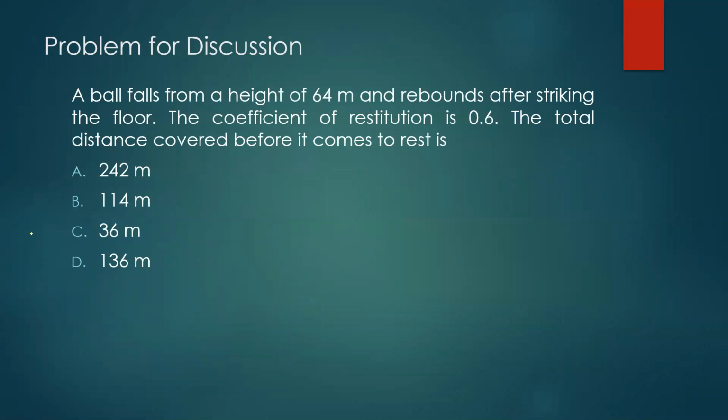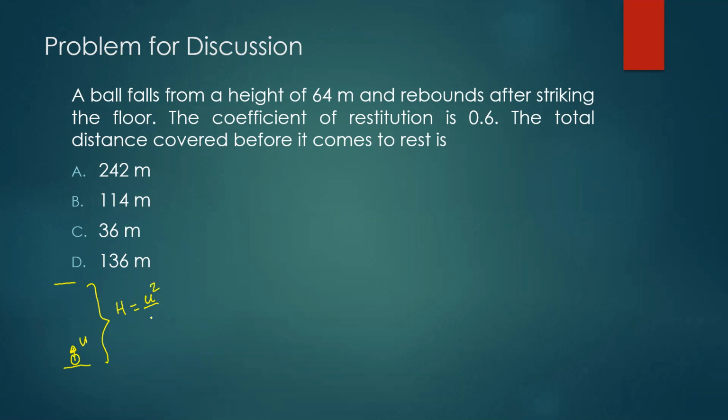Okay, so now take a look at this problem. To solve this problem, two things. One, if I project a particle with velocity u, the maximum height it goes is u square by 2g.